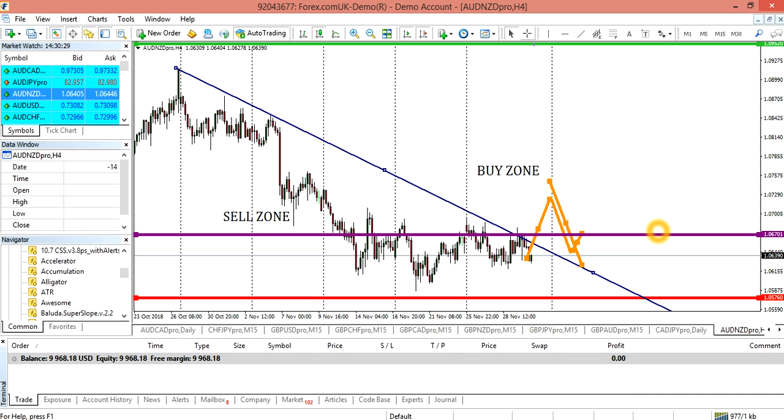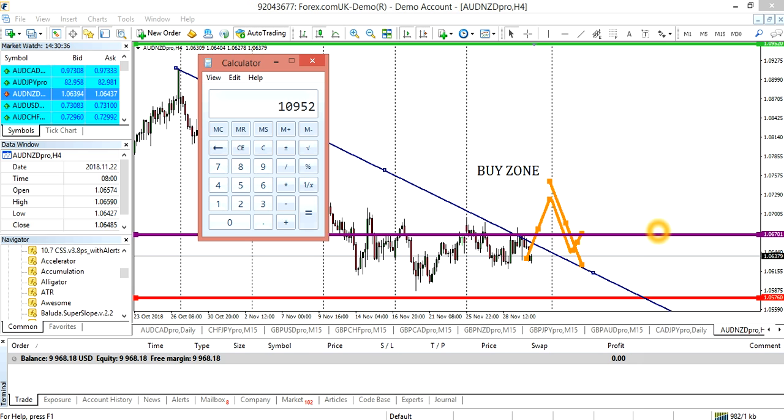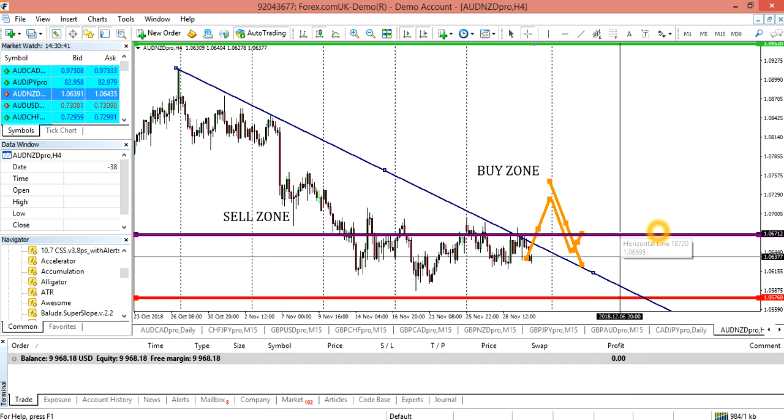Okay, so I am risking just about 94 pips to go for 282 pips. So that's a 1 to 3 risk to reward ratio.